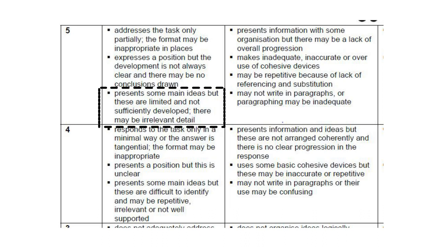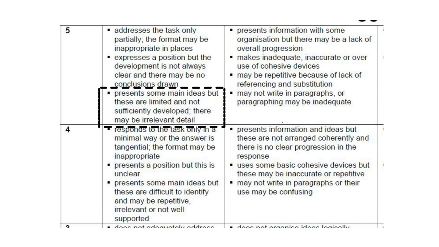But the point is that these ideas are not sufficiently developed. If you do not develop these ideas in your body paragraph, then your task response band will be stuck at 5. So if you give multiple ideas but you don't explain them, then your task response can drop down to a miserable level of band 5.